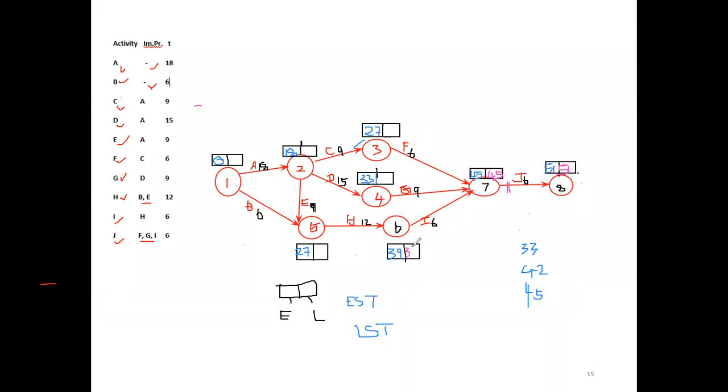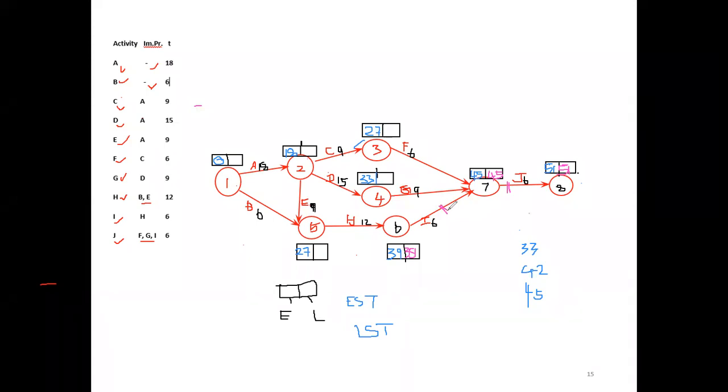So for the later event, event 6, you write this 39. So here also LST is equal to EST through this I activity. So I activity is also one of the critical path activities.